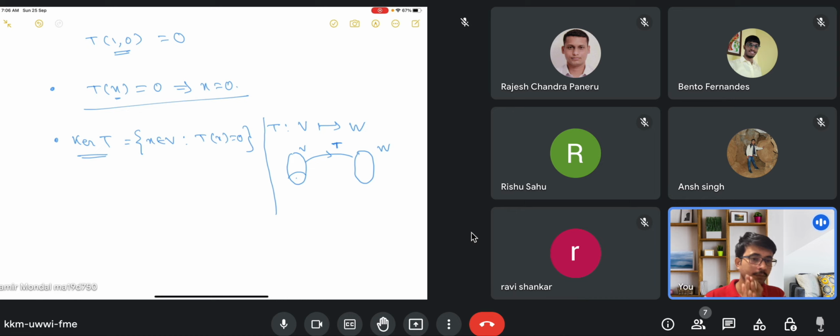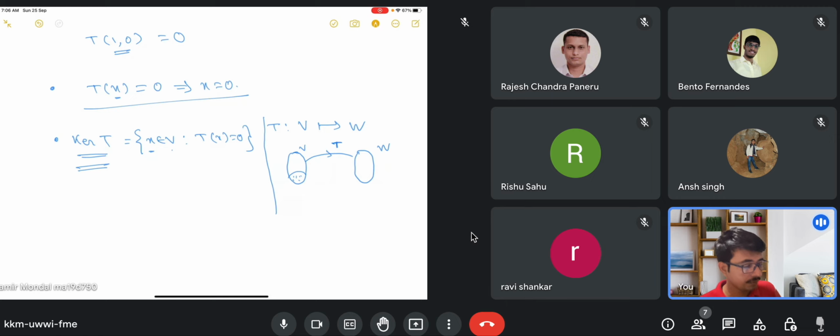You have to observe it properly. We are taking elements from V, the domain set, and we observe the image of x. If the image of x under T is 0, then that element belongs to this set.